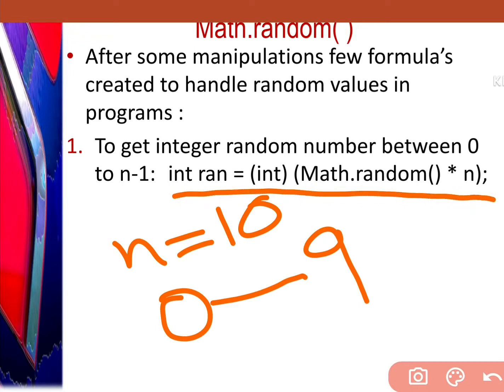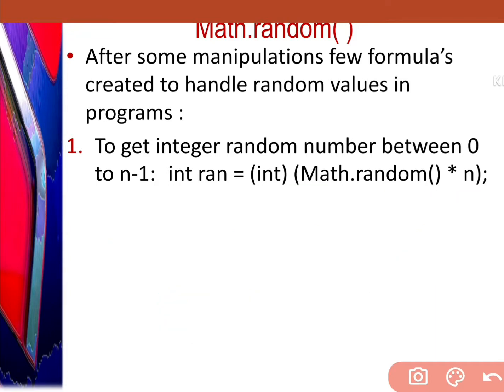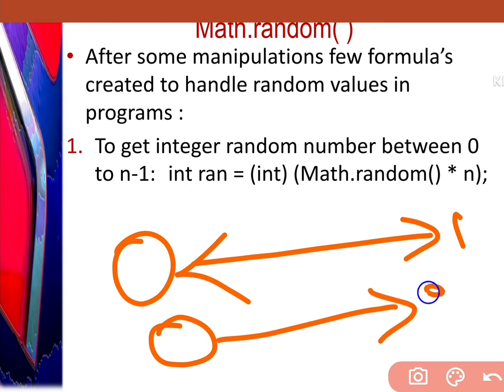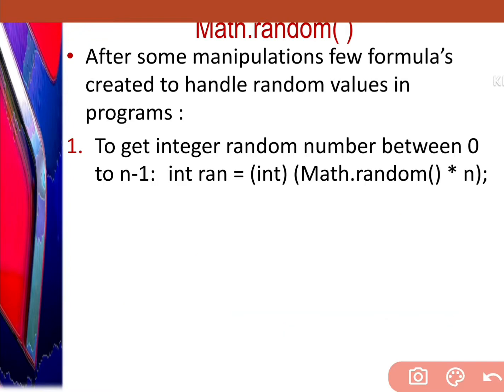I want random values from 0 to 9, but random always provides values between 0 to 1, and I want each and every value between 0 to 9. Then we have to do something with random. What are we going to do?